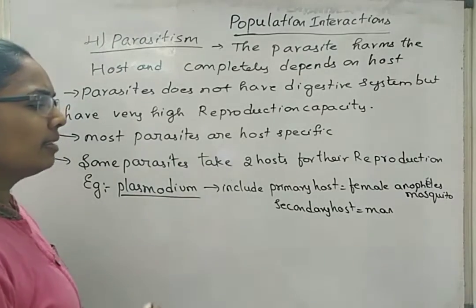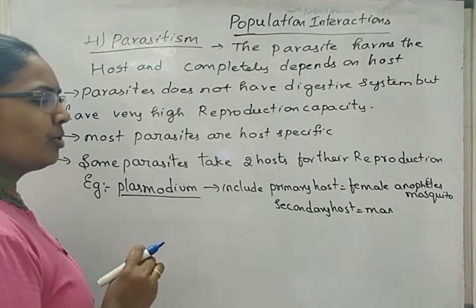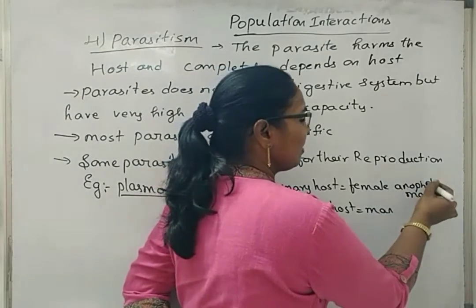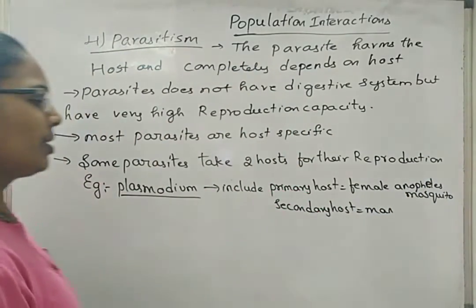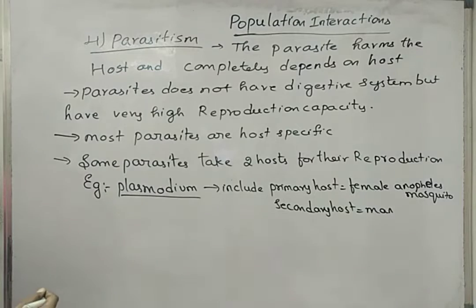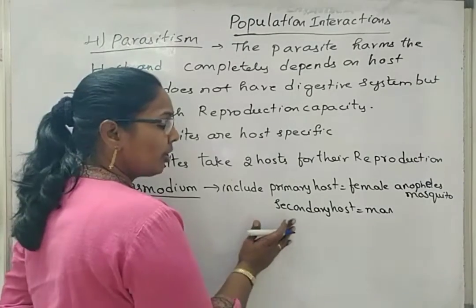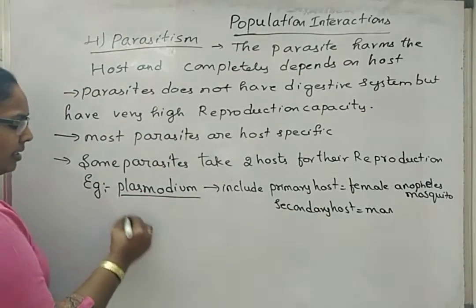In the primary host, the developmental stages complete their development. In the secondary host, they undergo sexual reproduction and also create new offspring. This is one example.